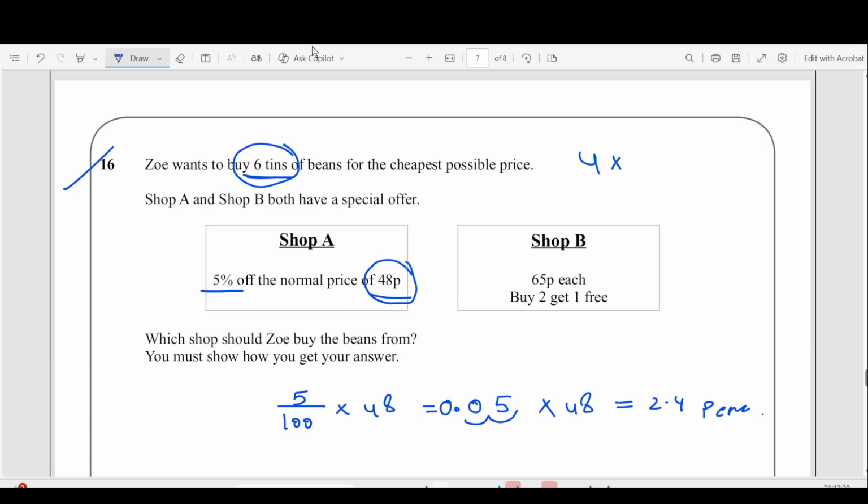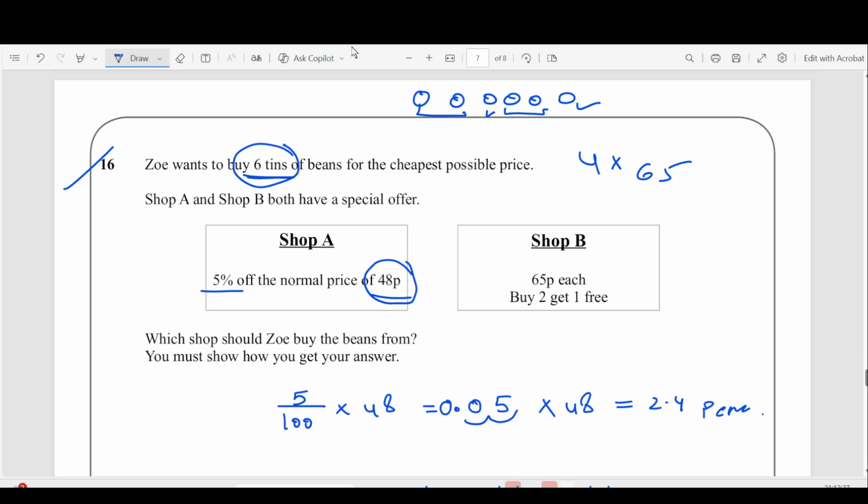If you buy 2, you get 1 free. So she is buying 6, 3 and 3. For each 2, this one is free. So 4 times 65.